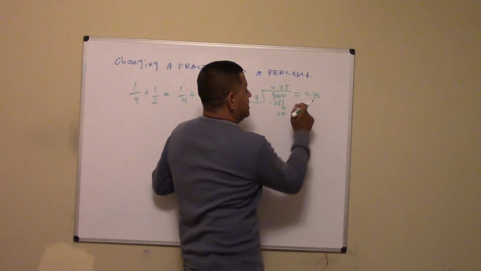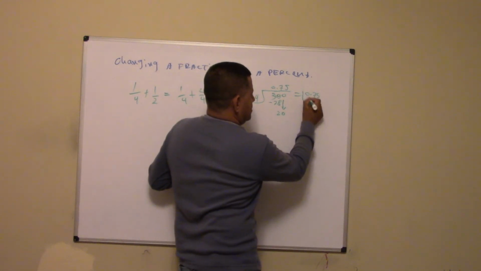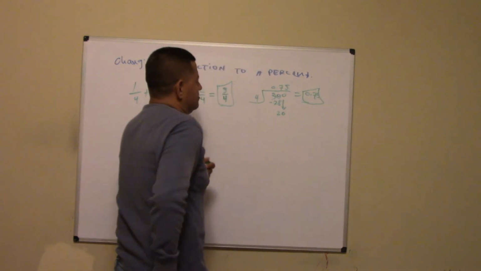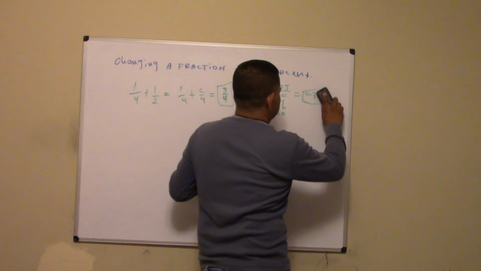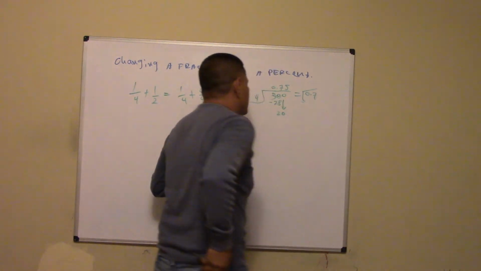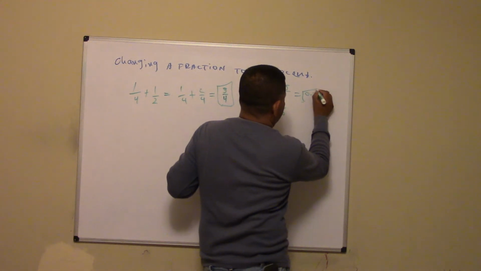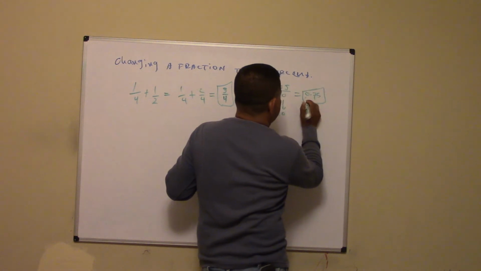Okay, so now you got a 0.75, right? So we changed it to a decimal, okay?